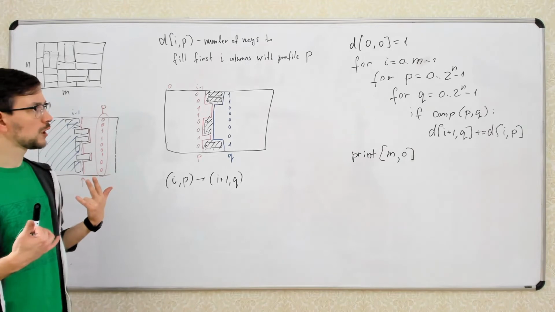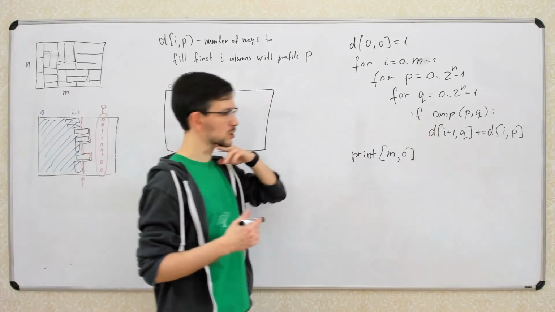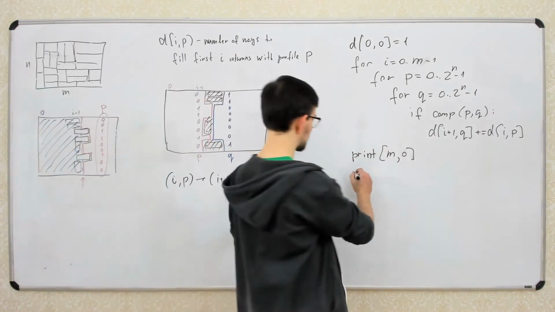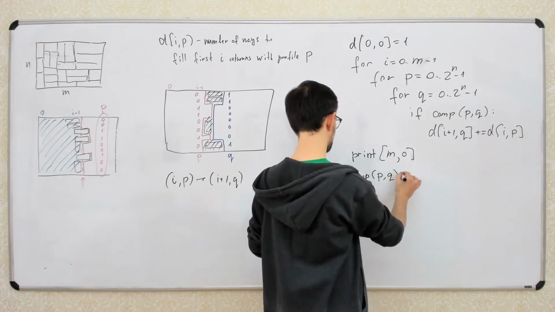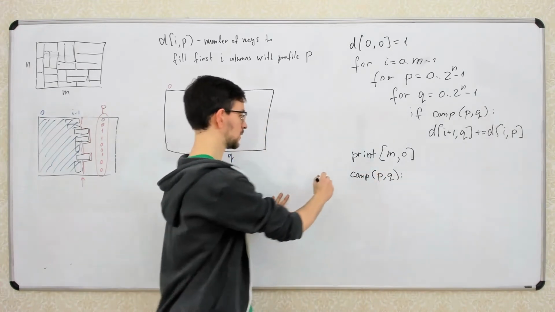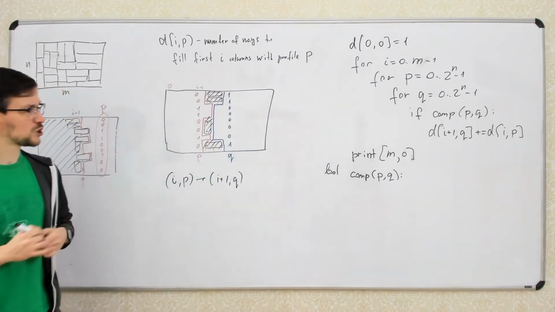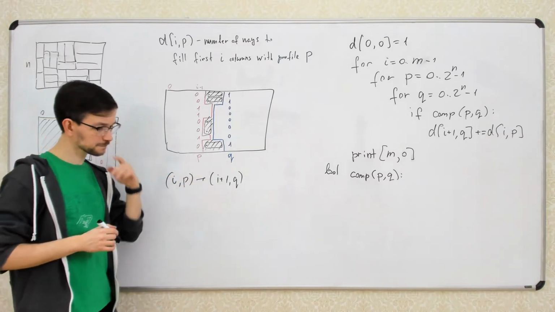Now let's talk a little bit about this function which checks if it is possible to go from one state to another state. So how do you check? How do you check that it's possible to go from profile P to profile Q?